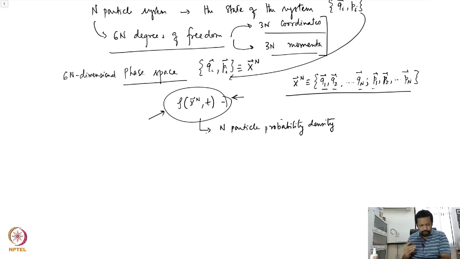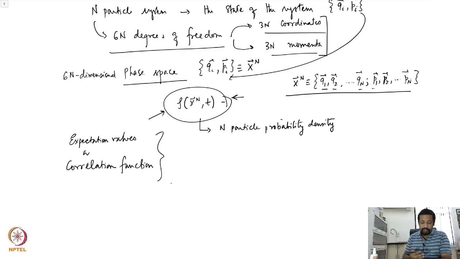The main purpose of this density is typically to calculate expectation values or correlation functions, which are typically measured in the experiments. And therefore, we at most need generally one body or two body probability densities, right?